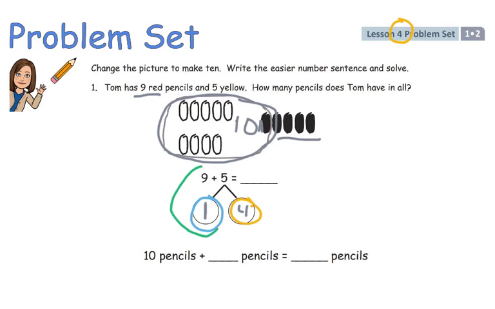So the 9 and 1 make our 10. So now we're going to use the 4 to finish adding so we can find out the total. So we have 10 plus 4 equals 14. So our answer is 14.